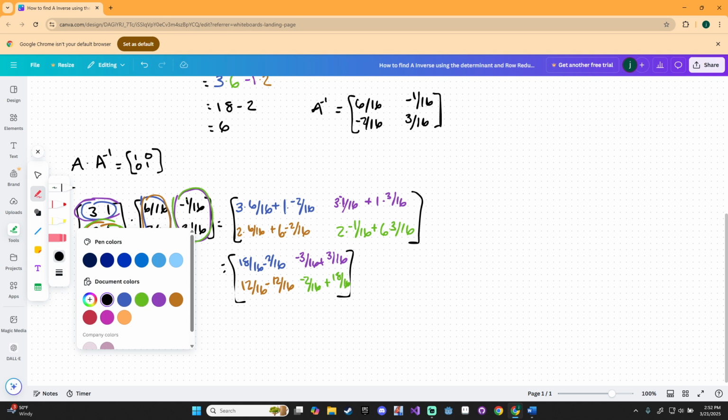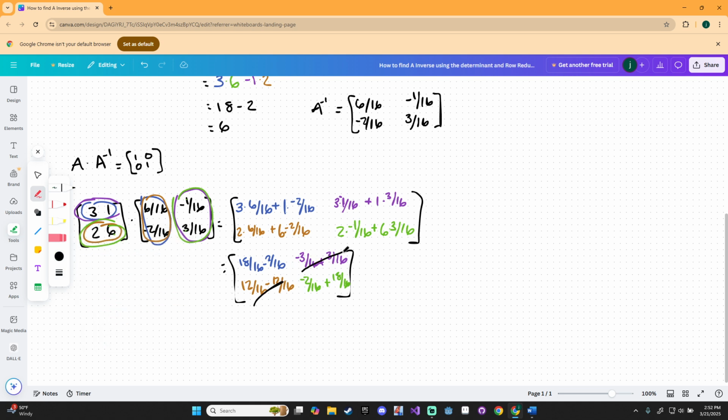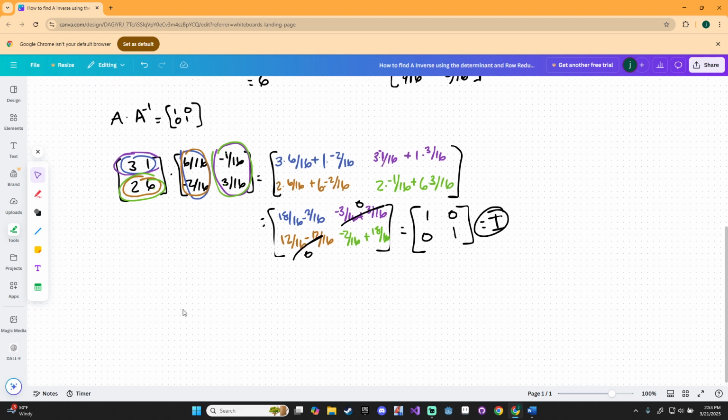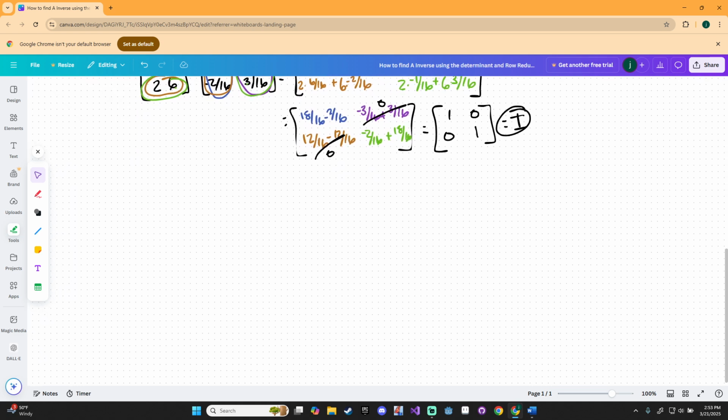And as you can see here, these cancel out, and you're left with 18 minus 2, 16/16, 1, 0, 0, and 1. So we know that we have the right inverse matrix here. Nice little check system built in there.